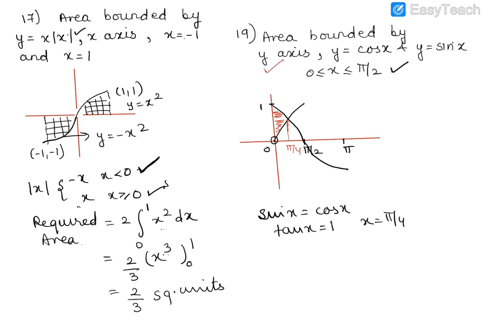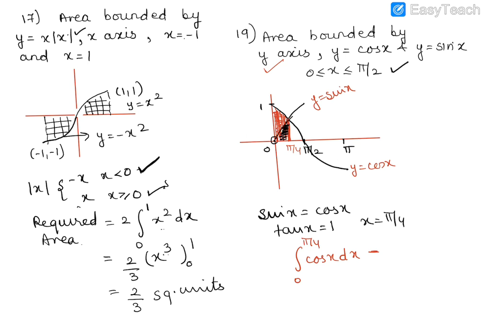All right. तो अगर आप इसको ध्यान से देखें तो मैं क्या कर रही हूँ, this was the curve y is equal to cos x, and this is the curve y is equal to sin x. So basically what am I doing? Area below the curve ये वाला, which was cos x dx, limit is 0 to pi by 4, minus उसमें से मैं क्या निकाल रही हूँ? ये वाला part.